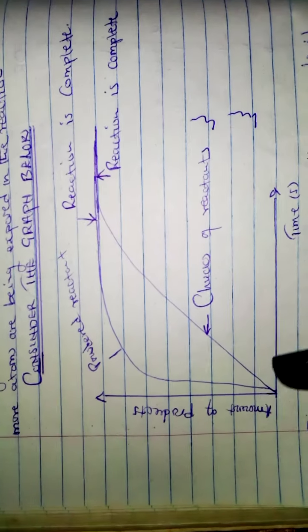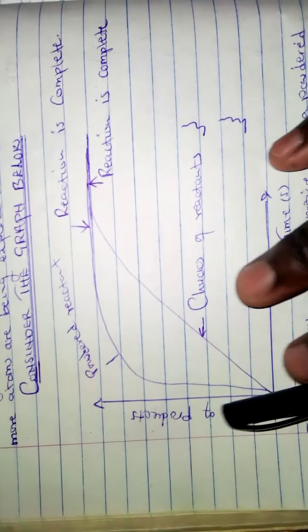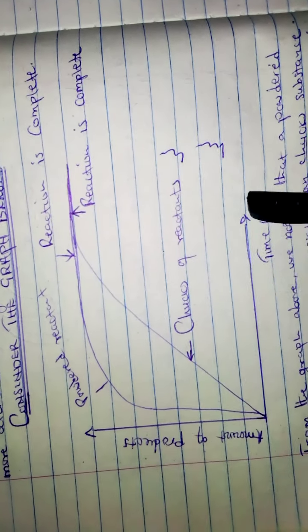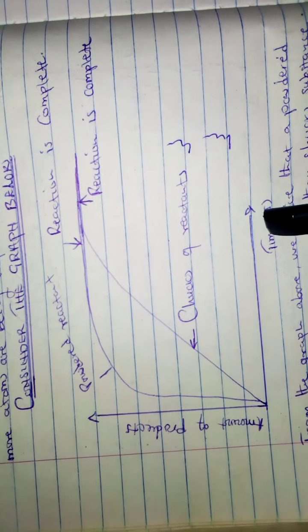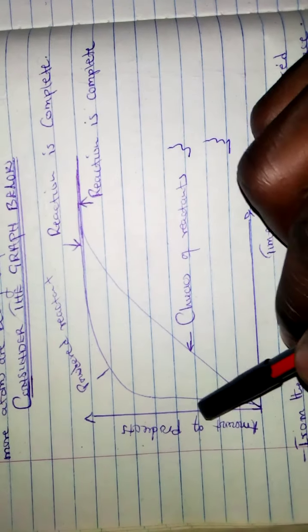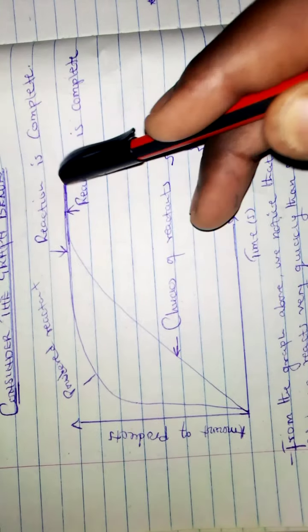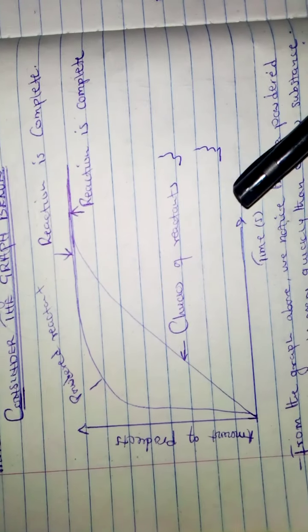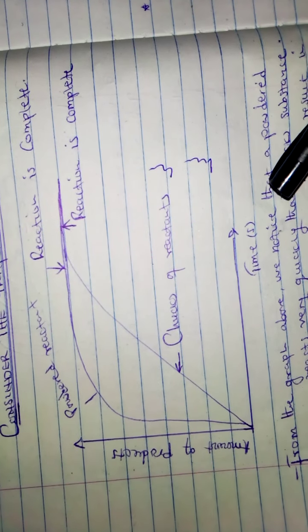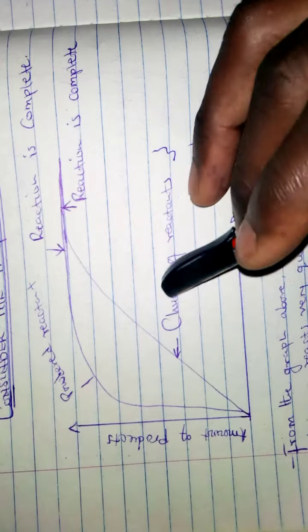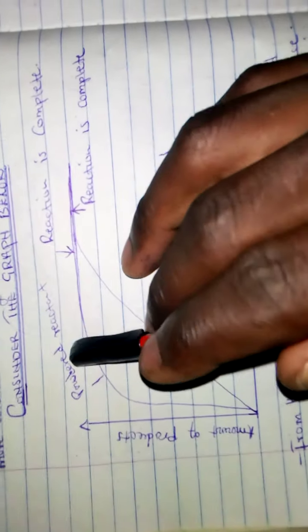Now, when you look at this graph, there's something that I want you to notice. Let's take, this is the amount of product, and this is the time taken. Now, when you see a graph going like this, let's take, for example, the reactant particles are in powder.